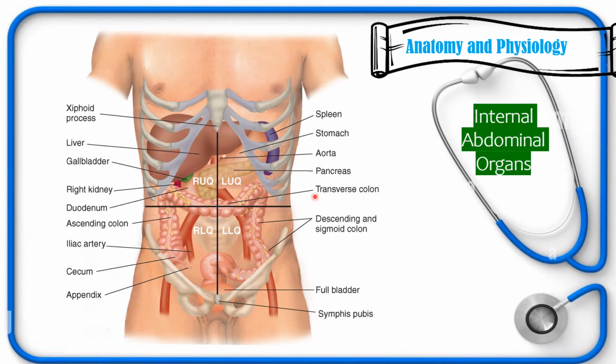Moving on to the internal abdominal organs. To examine the abdomen, we have to move in a clockwise rotation. Several organs are often palpable, except the stomach and some parts of the liver and spleen.